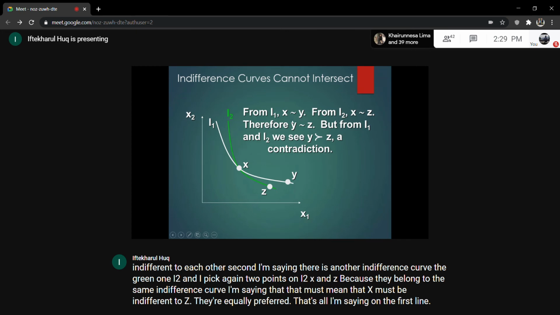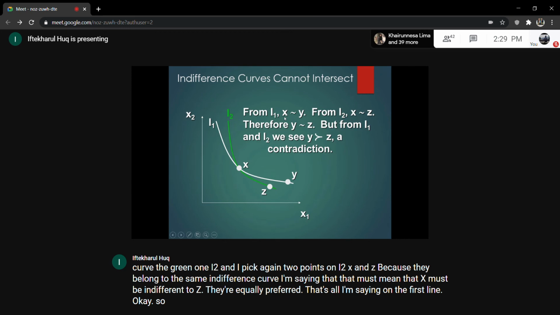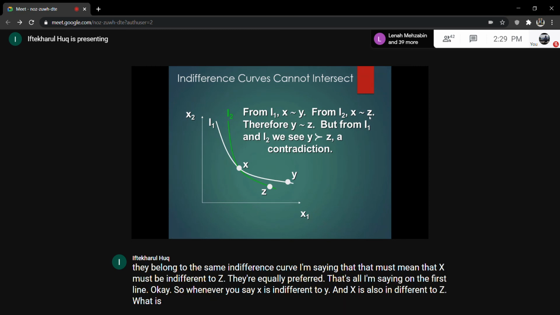Okay, so whenever you say X is indifferent to Y and X is also indifferent to Z, what is transitivity going to tell you? What should be the relationship between Y and Z?